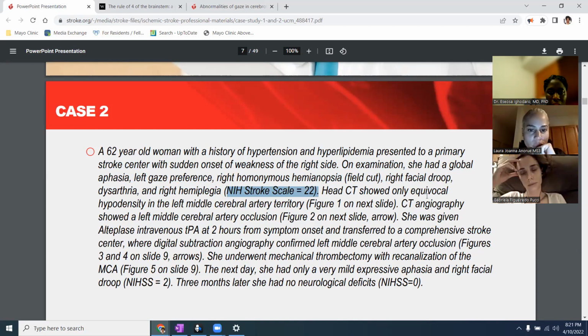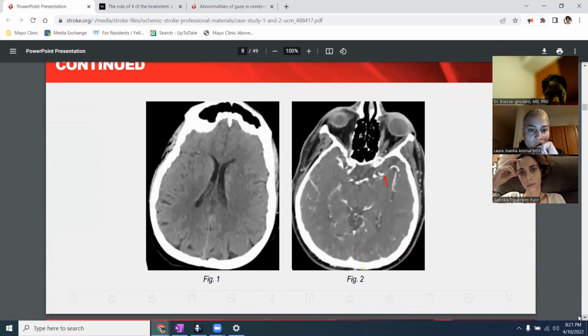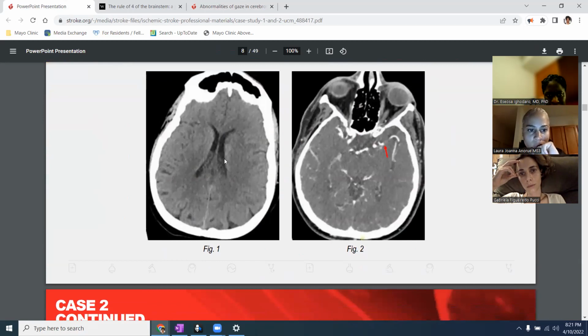CT head unequivocal for hypodensity in the left middle cerebral artery. So let's go to that. So here's the CT head. Because she's having right-sided symptoms, we want to look to the left.